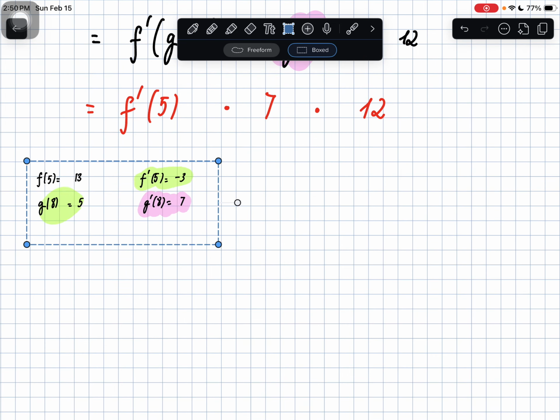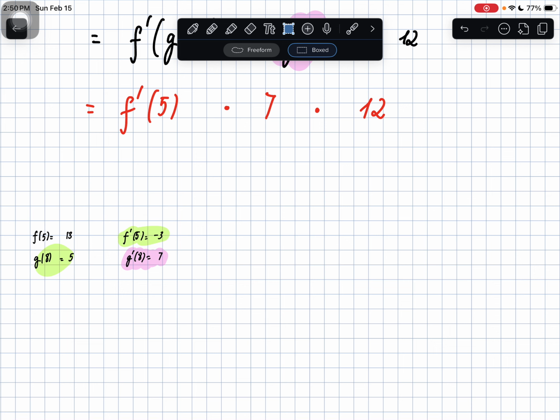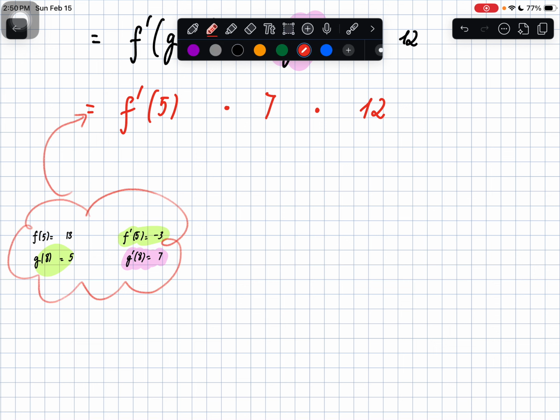One condition they gave us is extra, we don't even use that. So this is equal to f'(5), minus 3, times 7, times 12.